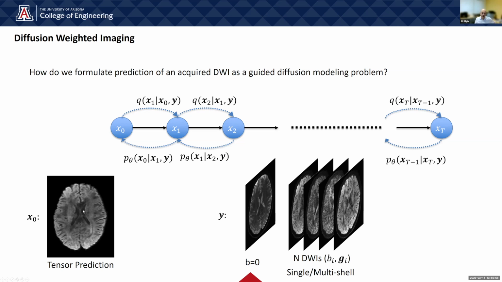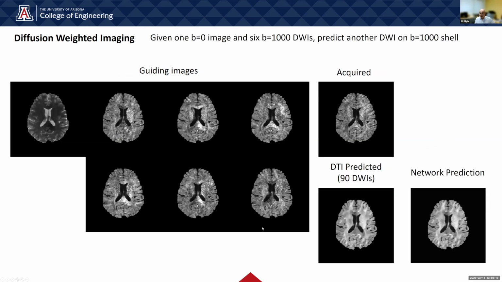And now what I want to be able to do is learn this image, but I want to provide as guidance some side information. And this side information is images acquired along other diffusion directions. And you'll note that these are actual images, so they're noisy. And then a reference, no diffusion weighted image. So this also seems to work fairly well.